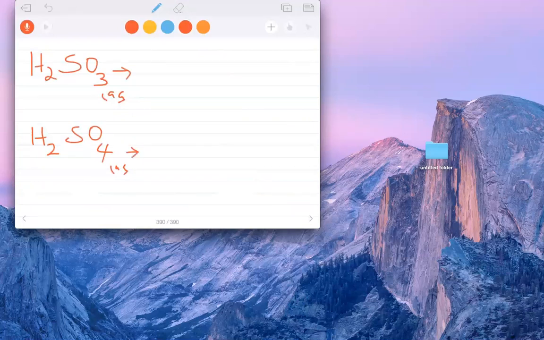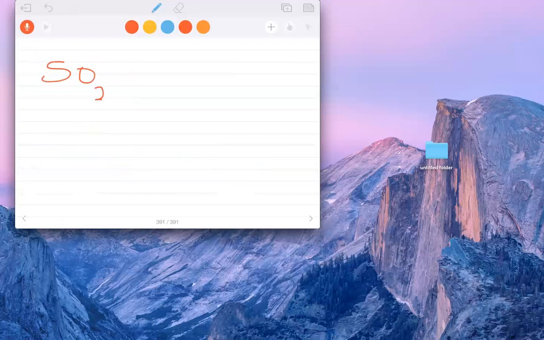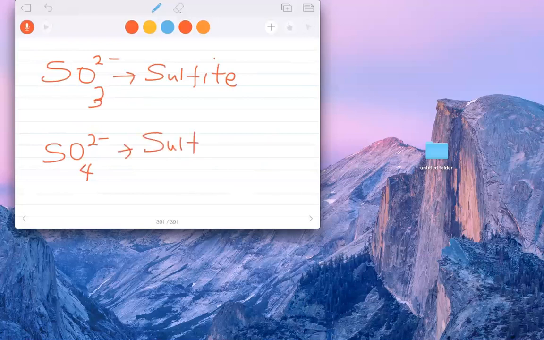If I look at these two, this one is SO3 with the 2 negative charge, a polyatomic ion. We name this sulfite, ITE, and this is sulfate, ATE. That's how you name polyatomic ions.